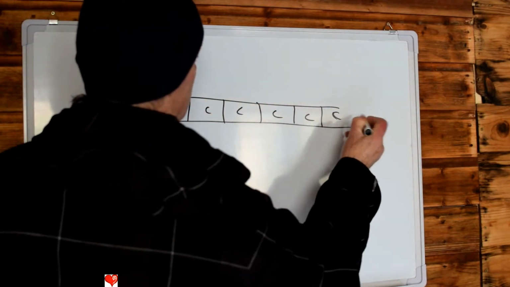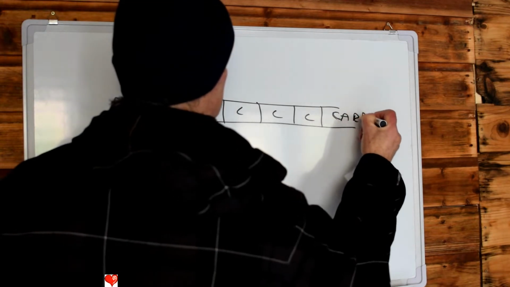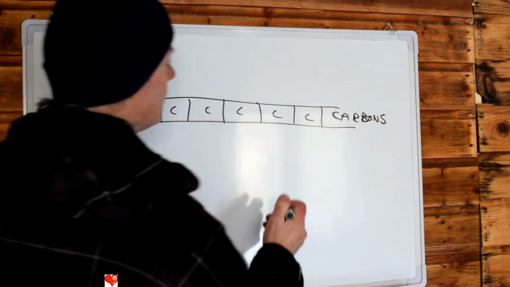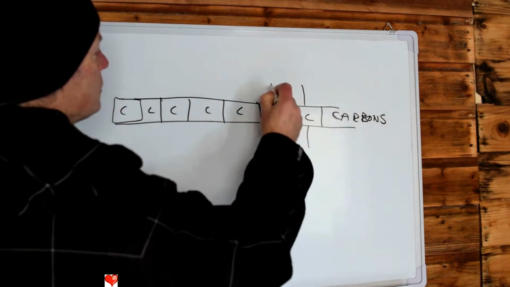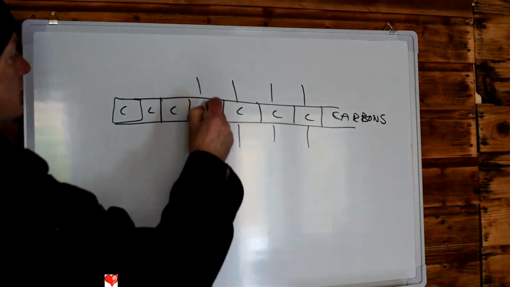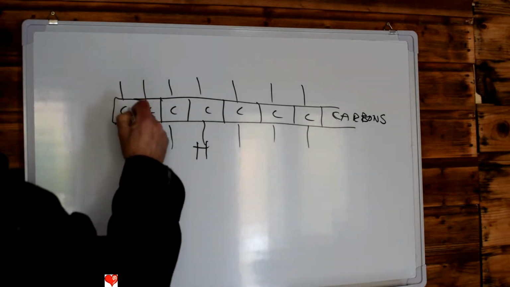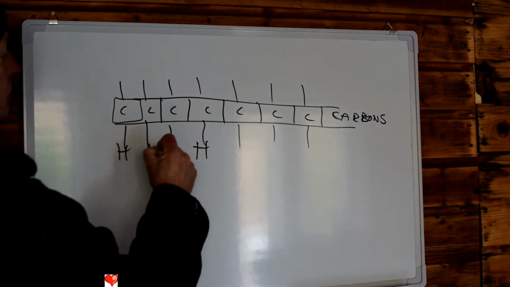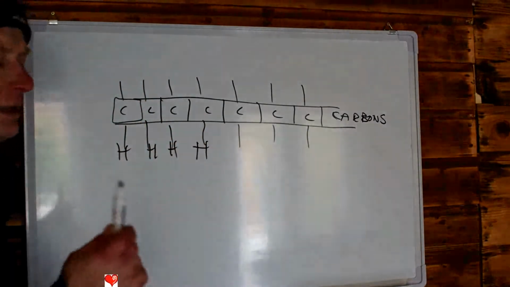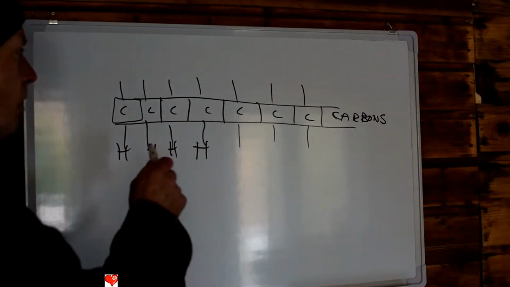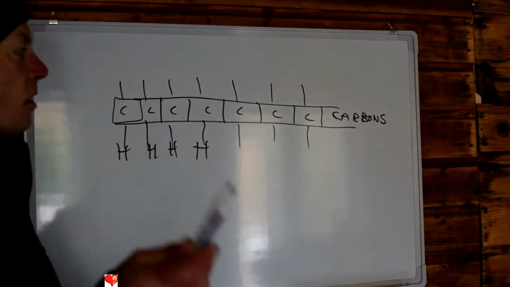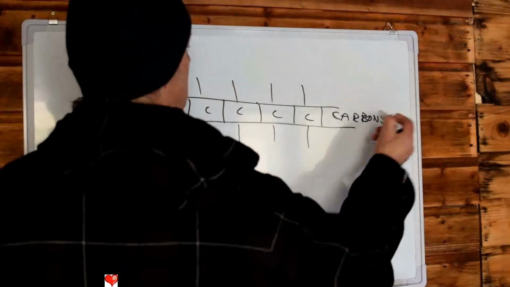They're all carbons. Either side, attached to them, are hydrogens, all the way along. Fat is comprised of hydrogen, carbon, and oxygen on the one end, right?